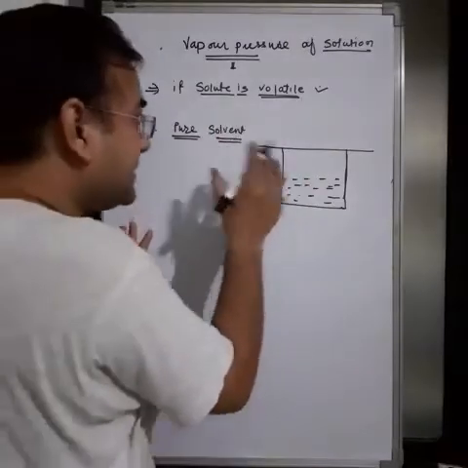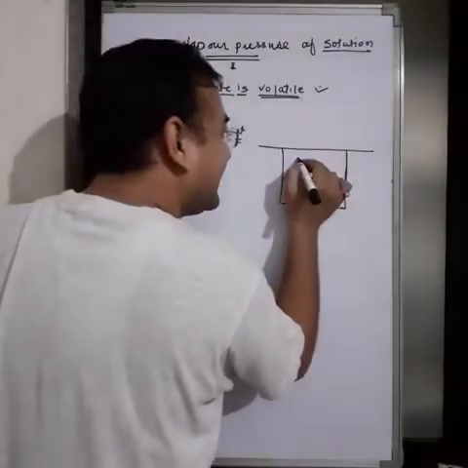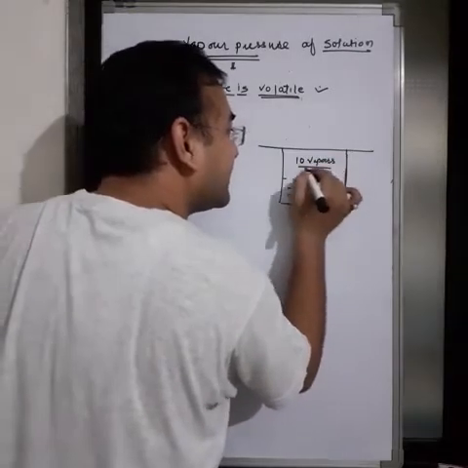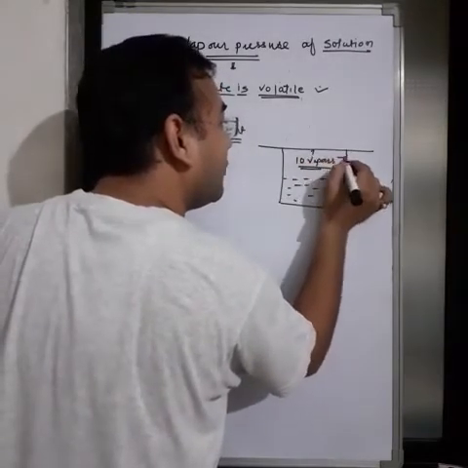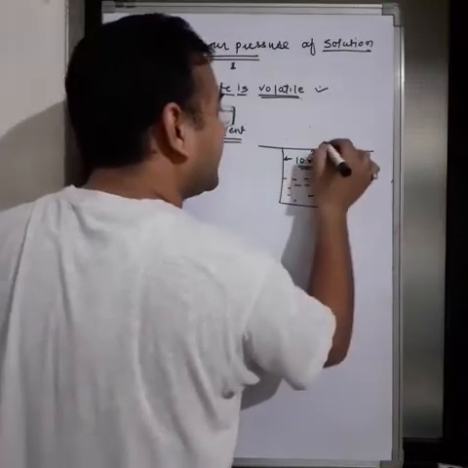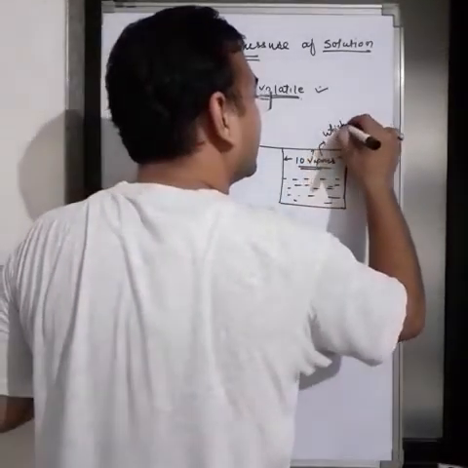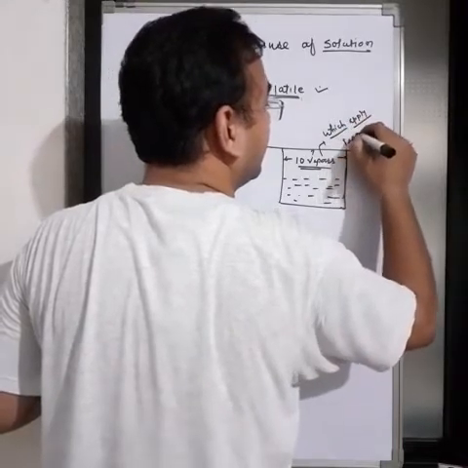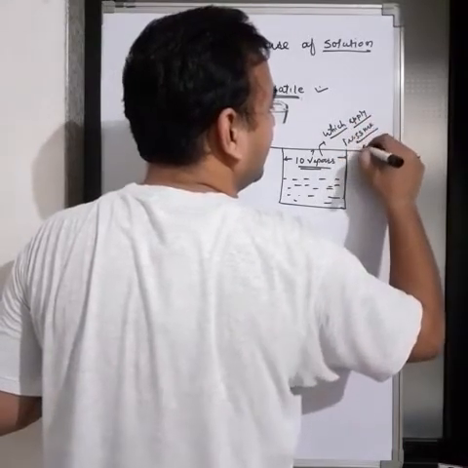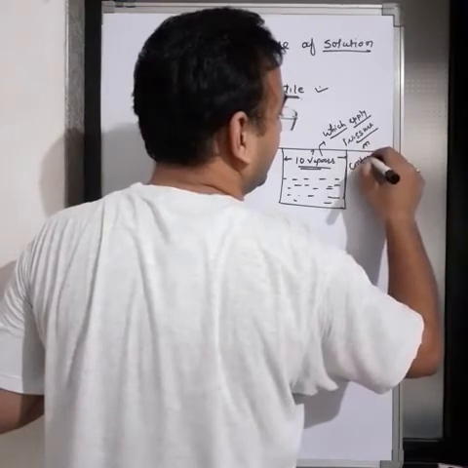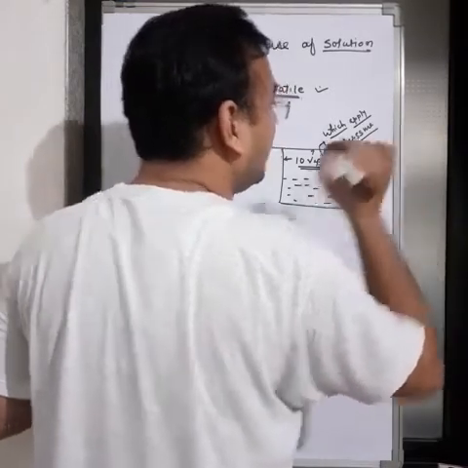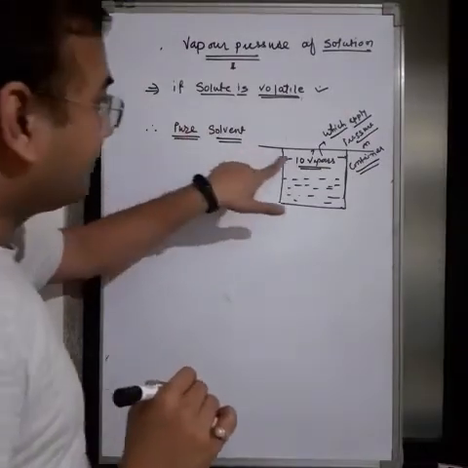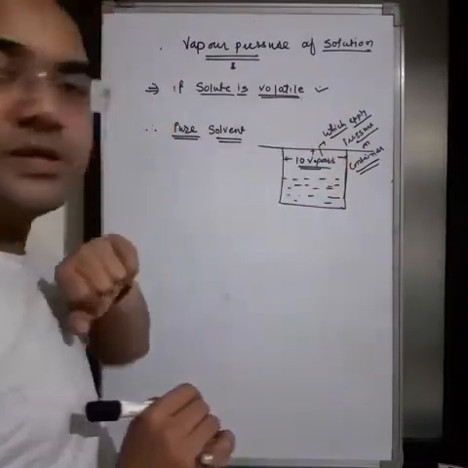With this pure solvent, we are just getting, for example, 10 vapors which apply pressure, not a force, pressure on the container. Got it? 10 vapors due to the pure solvent apply the pressure.